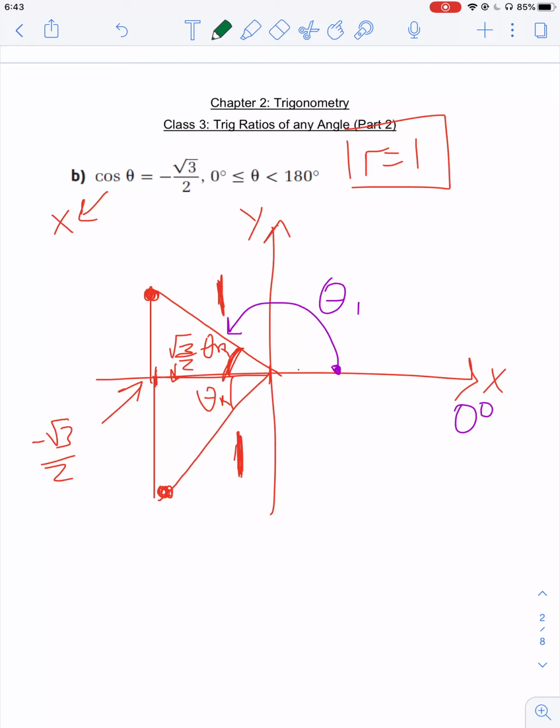My second one again has to start at 0, and then it has to go all the way to the second terminal arm. So that is theta 2. So we need to figure out what theta 1 is and what theta 2 is. Before we can figure that out, we have to figure out what the reference angle is. And that's not too difficult, because this is just grade 10 math.